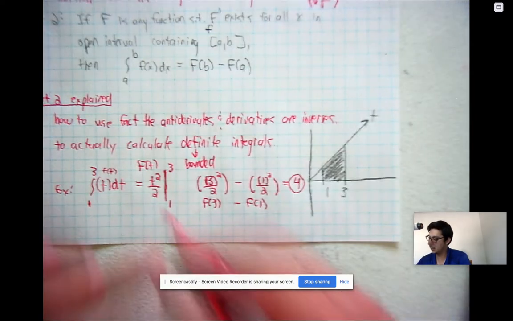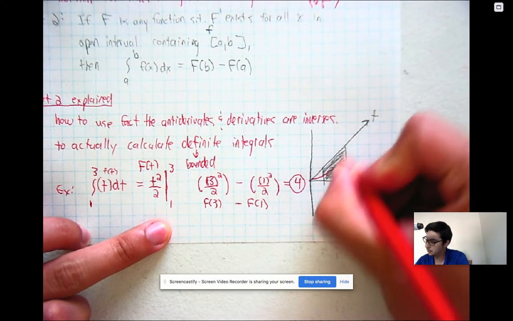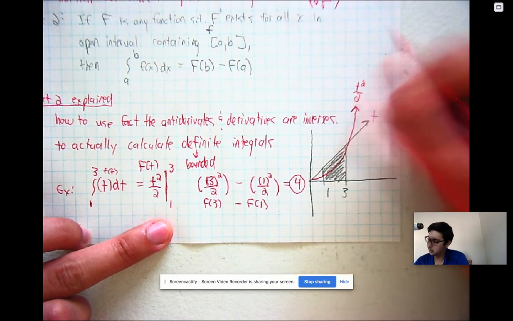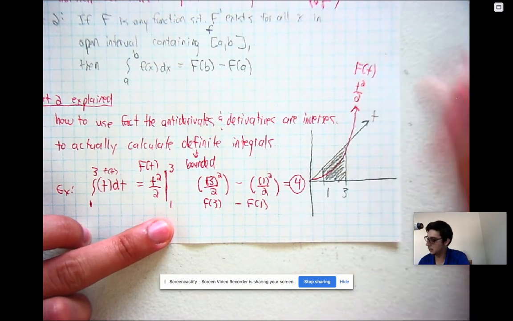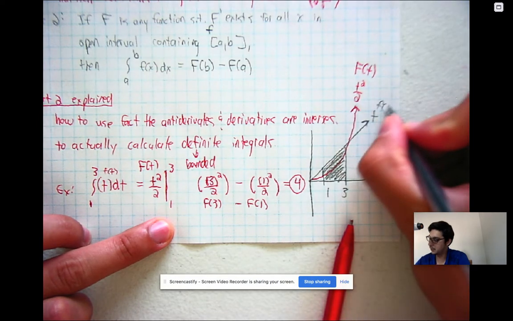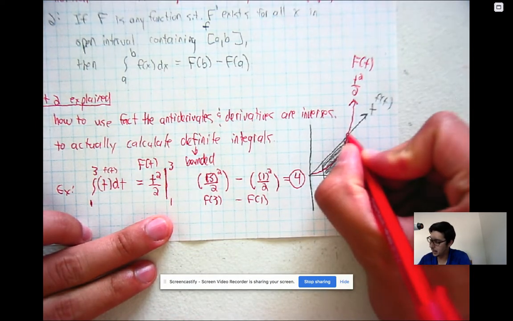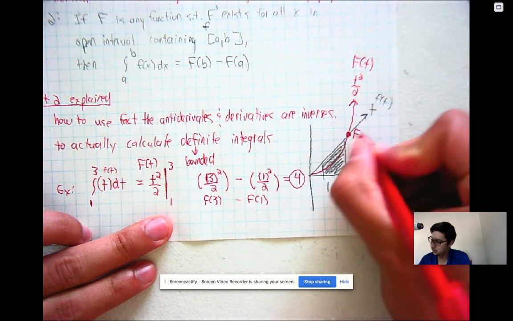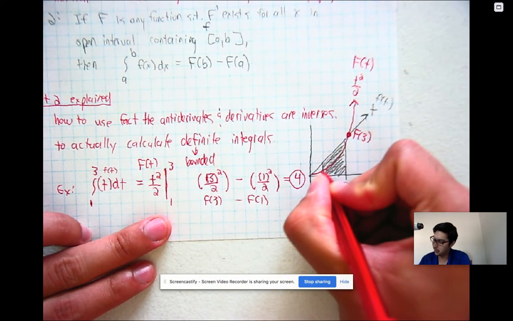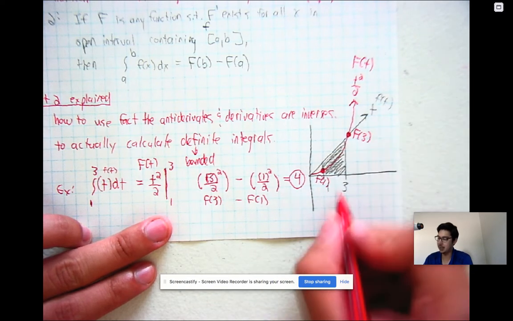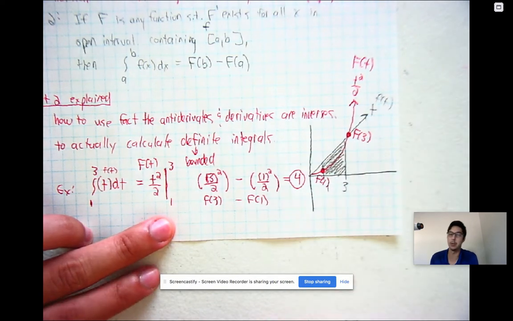So there's an antiderivative, t squared over 2. This is the antiderivative, and this is the function. With the antiderivative, if we just look at the value at 3 and subtract the value at 1, we actually get the area from 1 to 3.